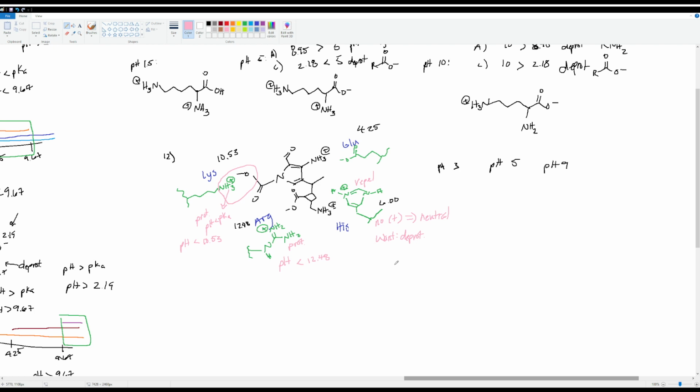So if we want a deprotonated, how should my pH and my pKa compare? My pH needs to be greater than my pKa. So in other words, my pH should be greater than 6.00.